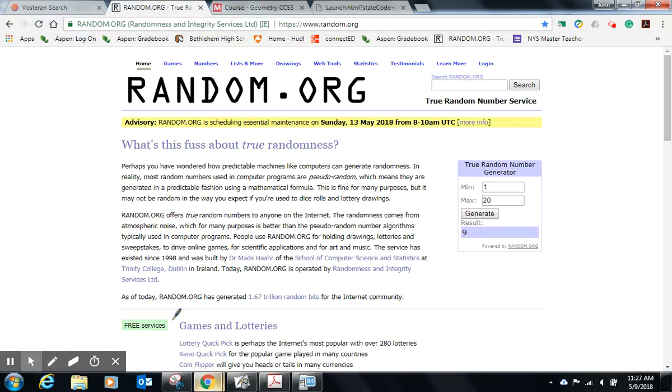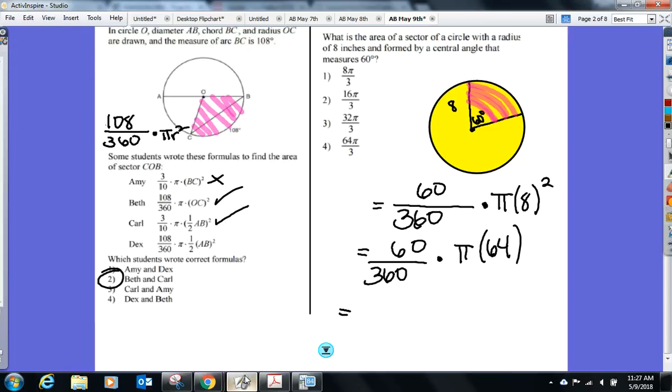And as a fraction, what are you leaving it as? Okay, you ready? In your calculator, 60 divided by 360.